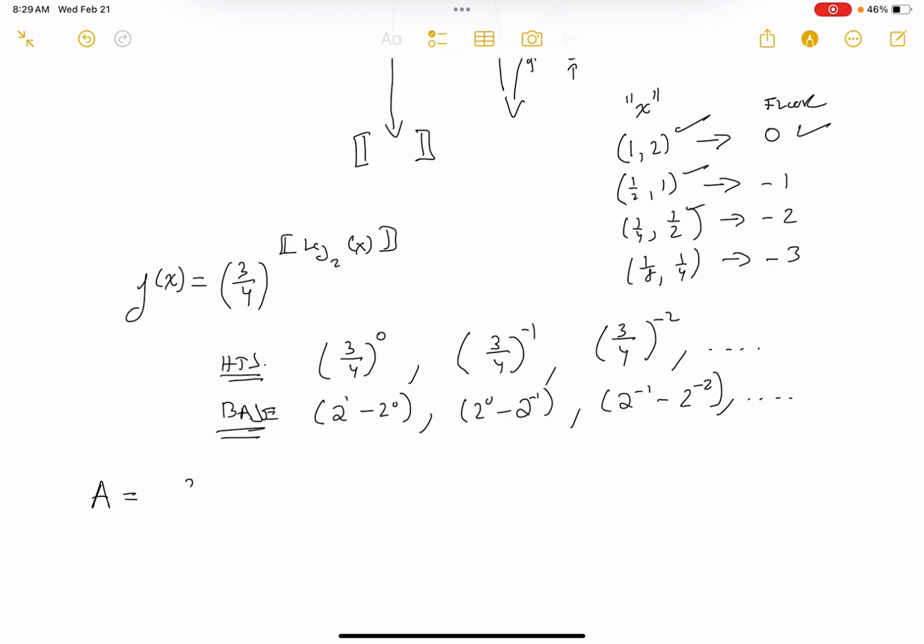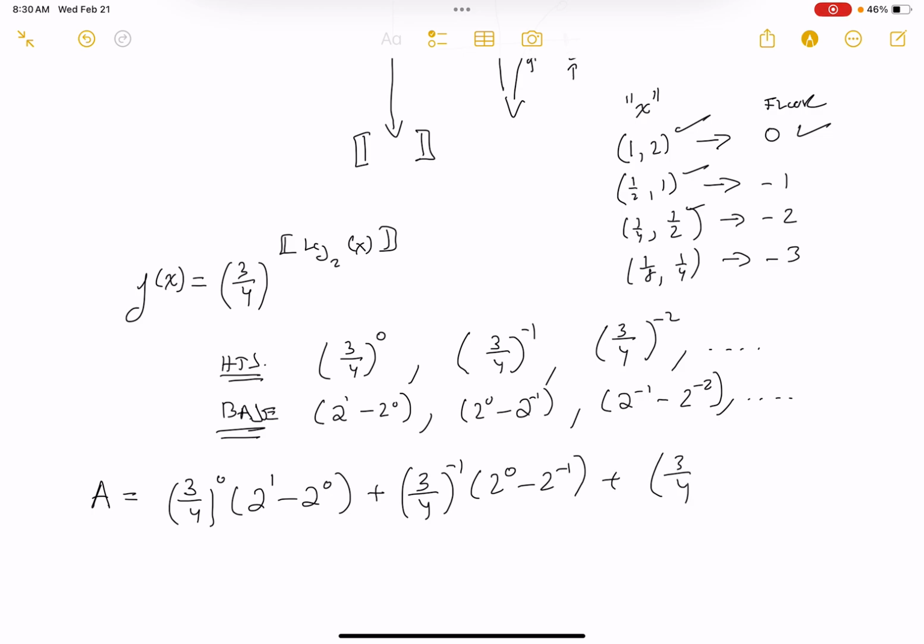So it's going to be 3/4 to the 0 times 2 to the 1 minus 2 to the 0, plus 3/4 to the minus 1 times 2 to the 0 minus 2 to the minus 1, plus 3/4 to the minus 2 times 2 to the minus 1 minus 2 to the minus 2. And I'm going to say that's a definite pattern to it. So let me write this down as a summation, the sum.